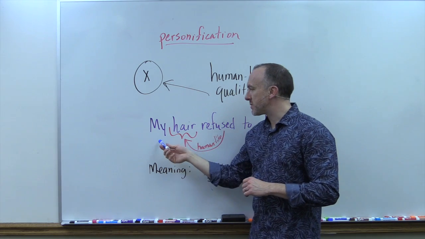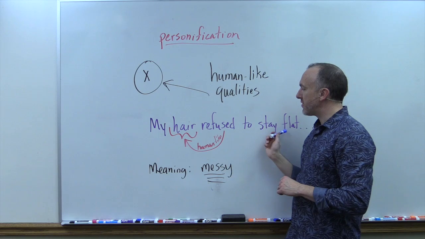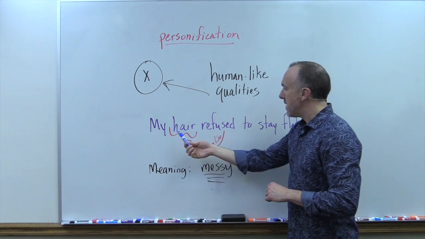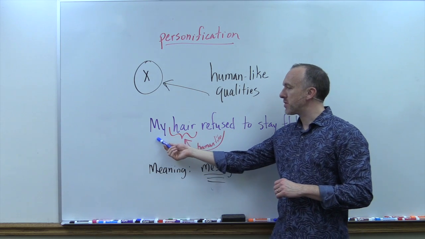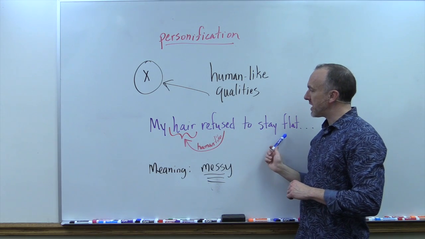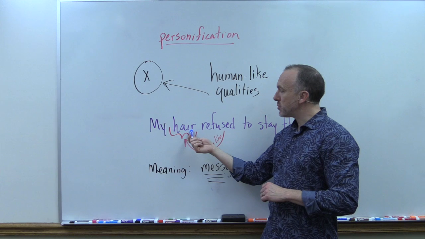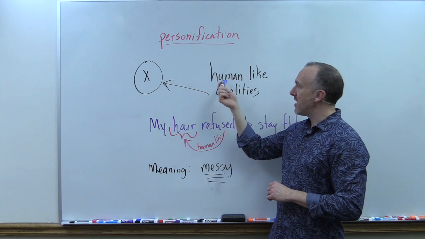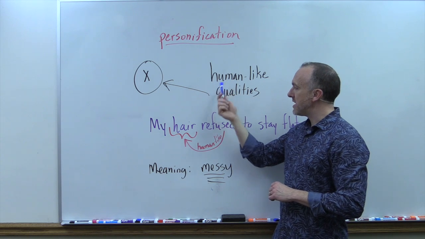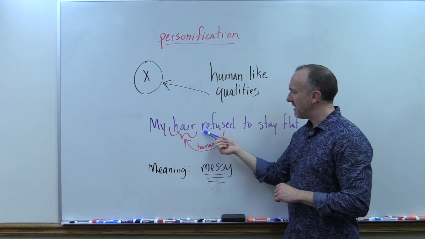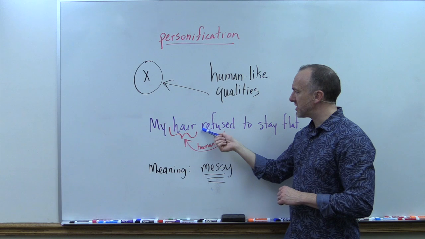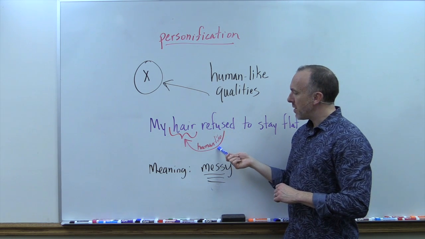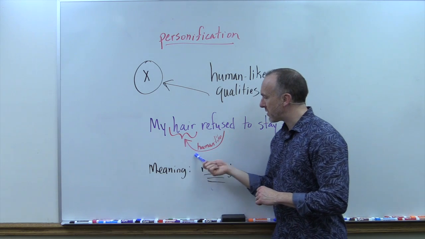So the example in your textbook says, my hair refused to stay flat after I combed it. So the phrase that contains personification is, my hair refused to stay flat. So hair is the non-human thing that is being given human-like qualities, because it's acting, it's refusing, it's taking an action. That's not human. Hair doesn't refuse anything. So that's what personification looks like.